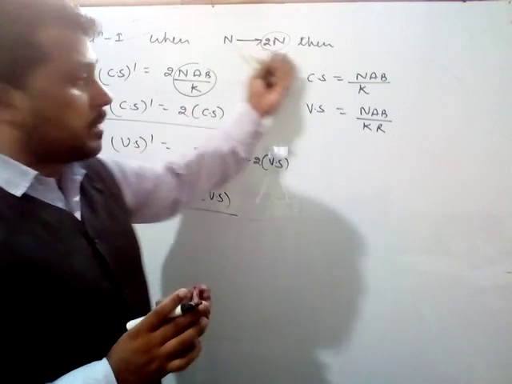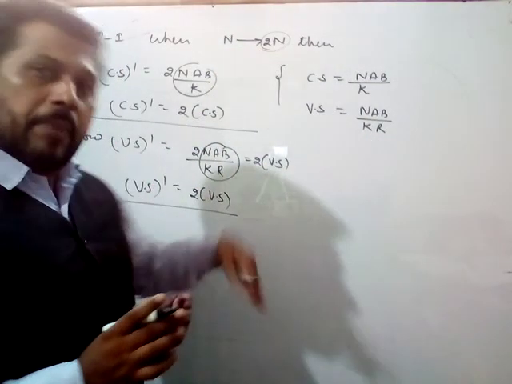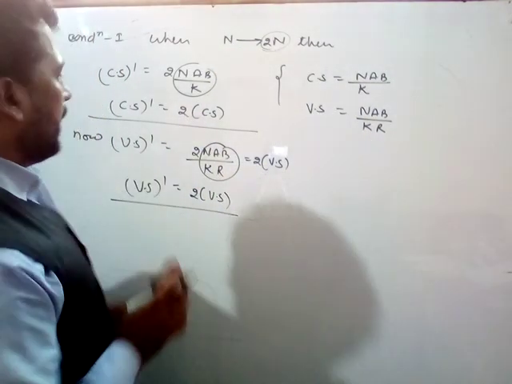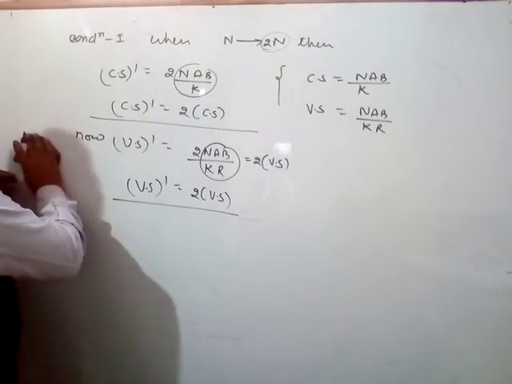If the number of turns is tripled, Cs and Vs will be tripled.